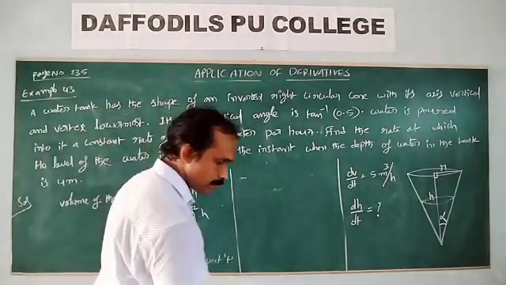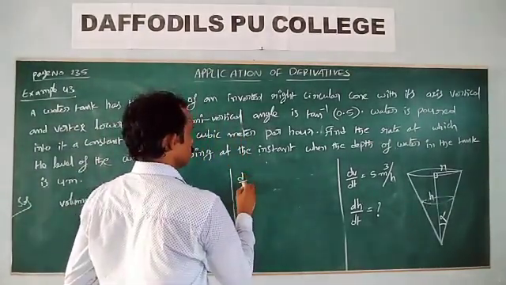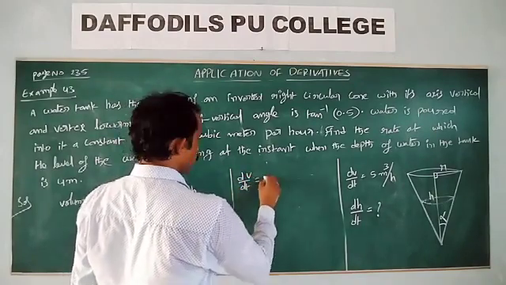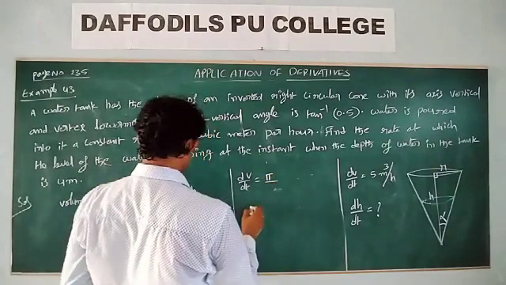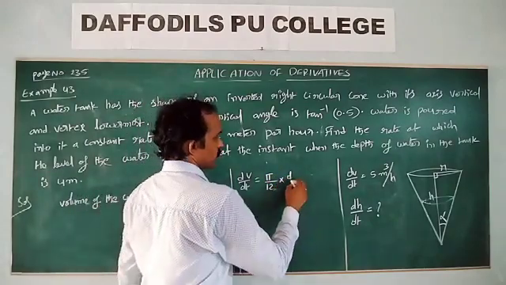Therefore dV by dt is equal to pi by 12 into 3h square into dh by dt.